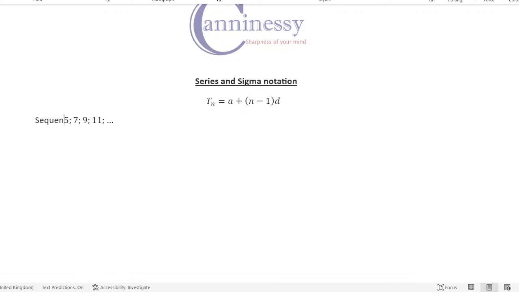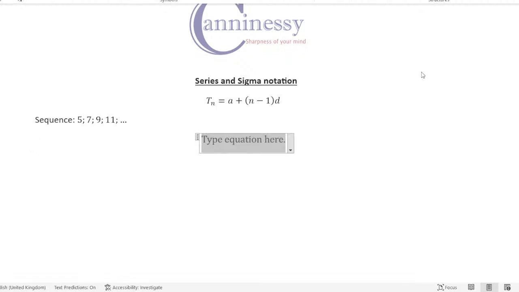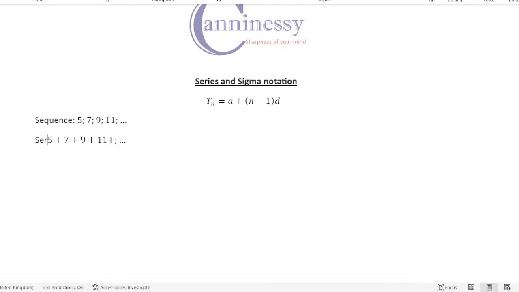Now let's write a series of the same sequence. We would say 5 plus 7 plus 9 plus 11 plus, and the series continues. So this one is a series.